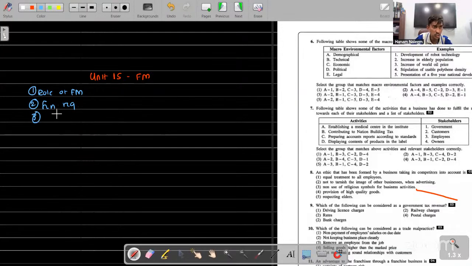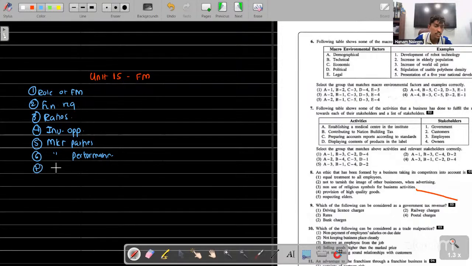And third, you have the ratios, but there is no proper order here, you can see. Fourth, you have investment opportunities. The fifth one, you have financial market parties: who are the parties involved in the financial market? Then financial market performance.